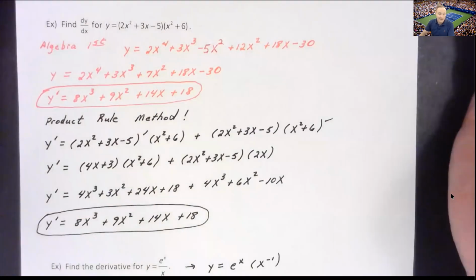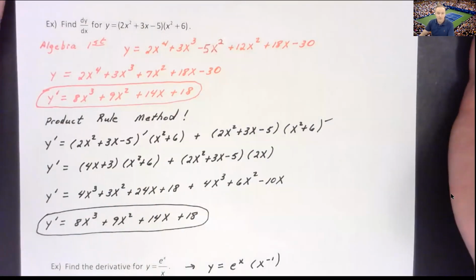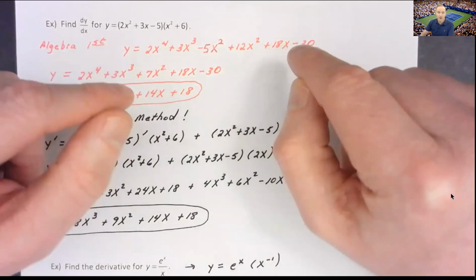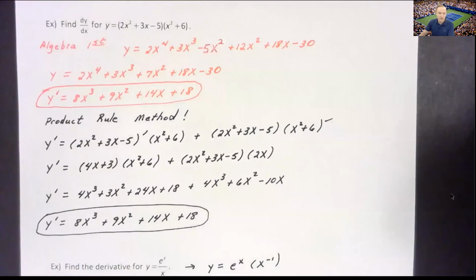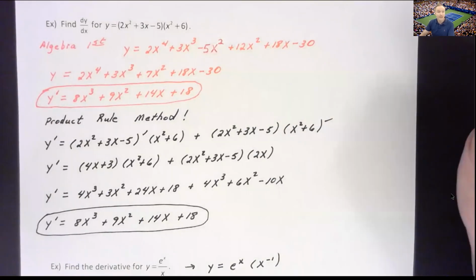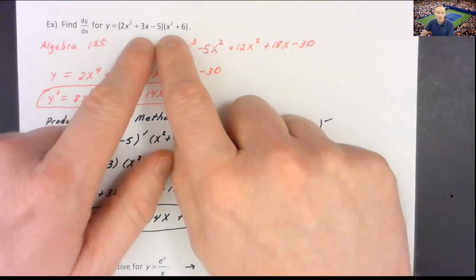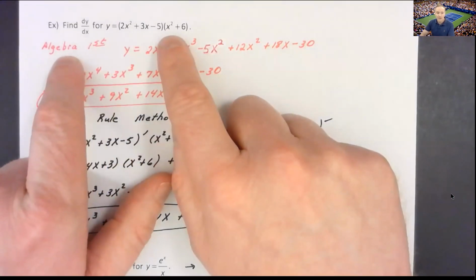Now, what I went ahead and did just to show that this derivative rule works is, let's say you wanted to avoid the product rule for some reason. You should never want to avoid it, but hypothetically, if you wanted to avoid it, you could do the algebra first.